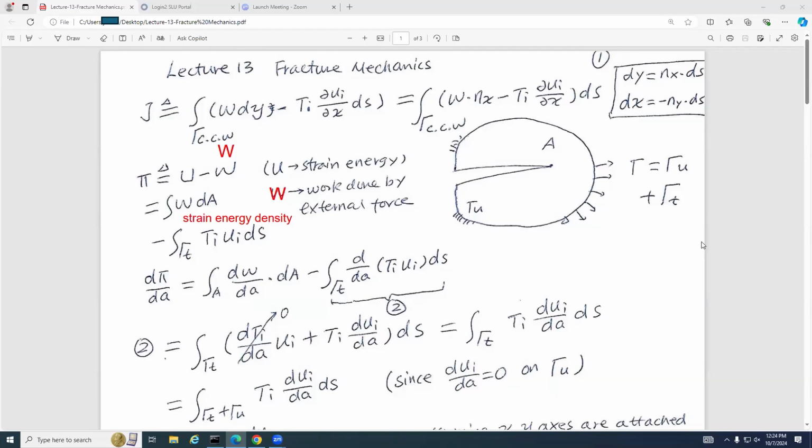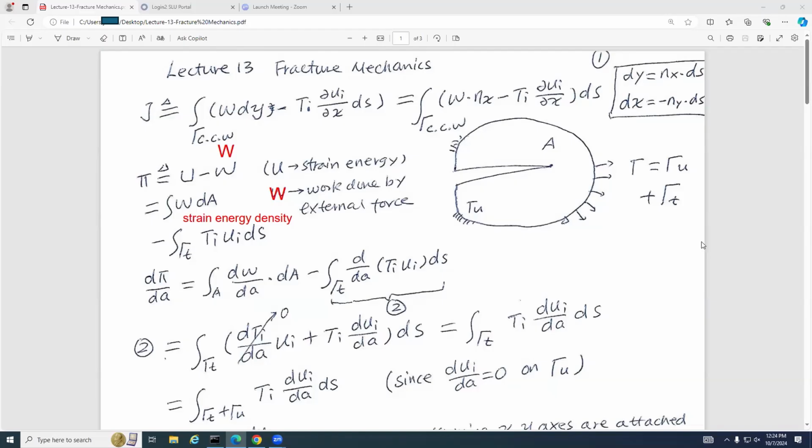So this equals T1 multiplied by U1, plus T2 multiplied by U2, plus T3 multiplied by U3. For simplicity we still use the index notation, the Einstein notation.